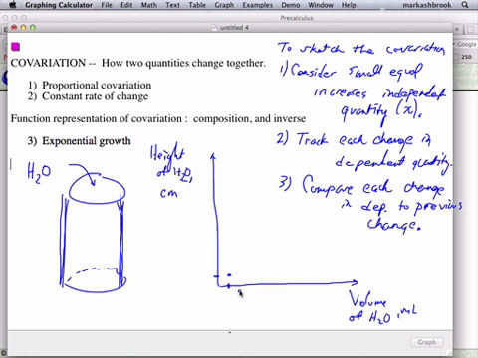Now I'm going to put in the next same equal amount of water in the bottle, or in the can. What's going to happen to the height? It's going to increase. Now compare it to the previous change. Will it be the same, more or less than the previous one? Same increase.